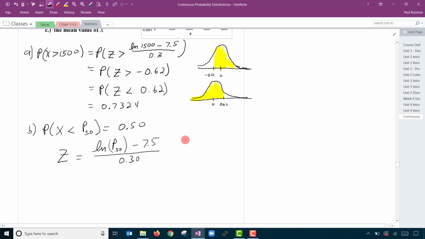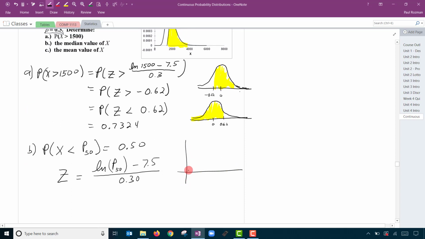That curve up above looks something like this. We're looking for the spot in the middle of the area there. This area here needs to be half of it, because that'll give us the median.